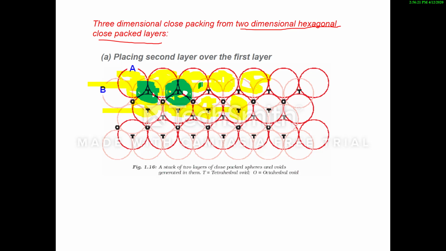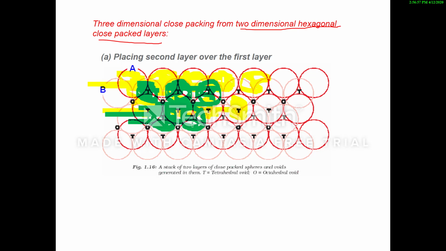In this way, second layer particles are just above the triangular voids in the first layer.